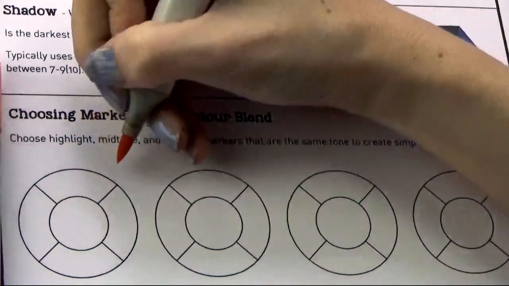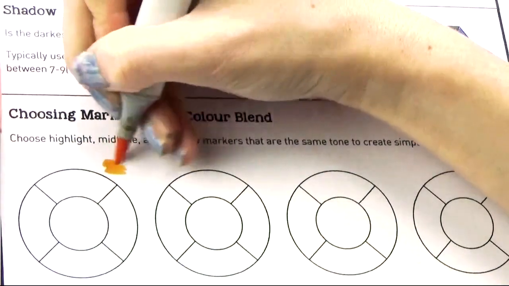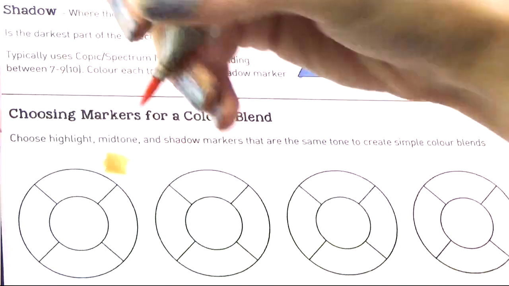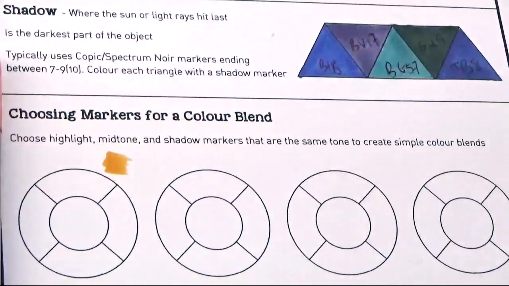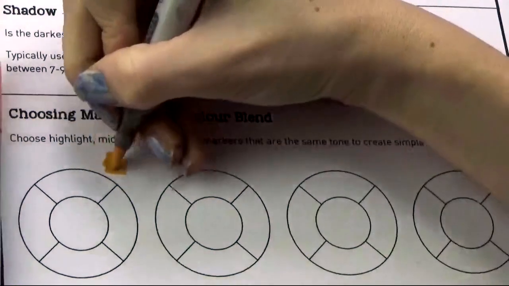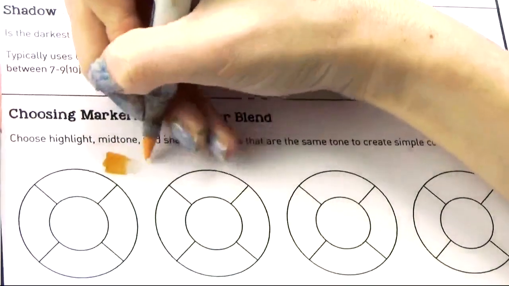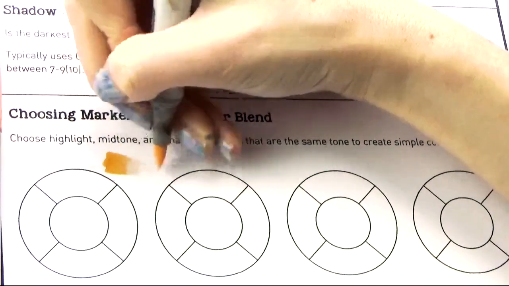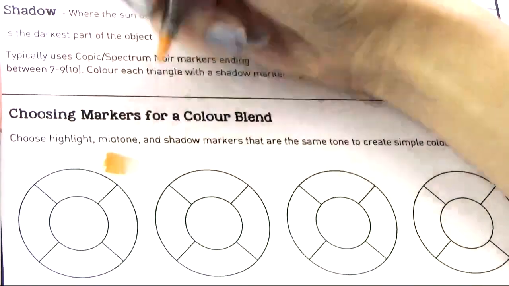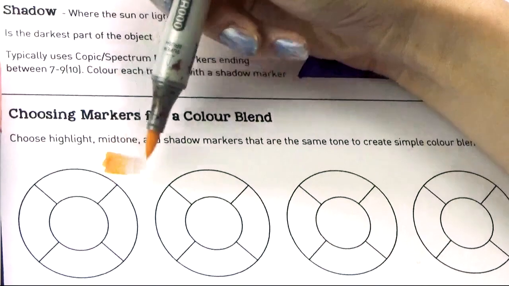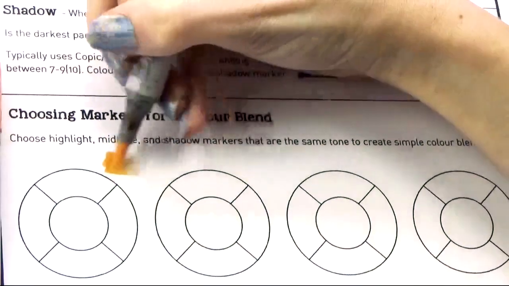I'm going to start with YR04. So that's just that mid-tone color. And I'm showing you how I would blend this with my YR000. So if I'm blending out there, you can notice I'm really trying to get that smooth. There's a big jump between this color and this color here, and you can see that.